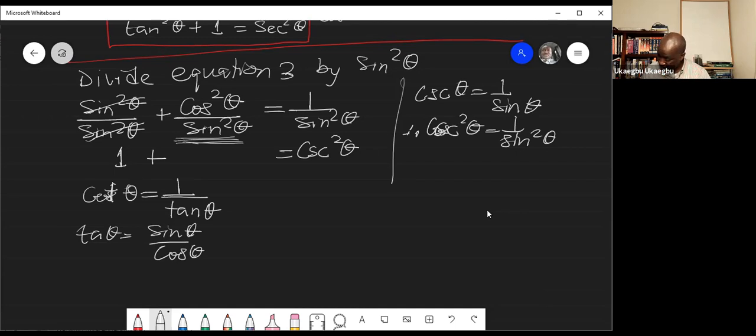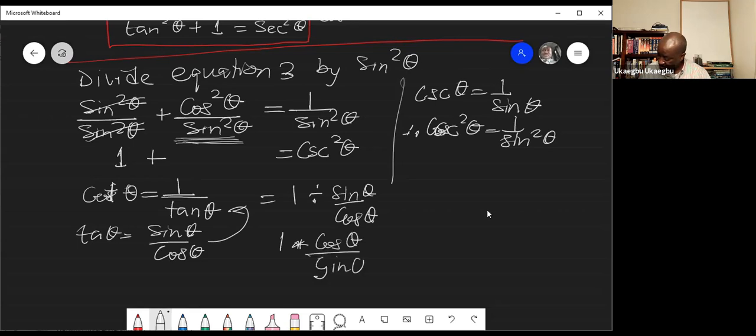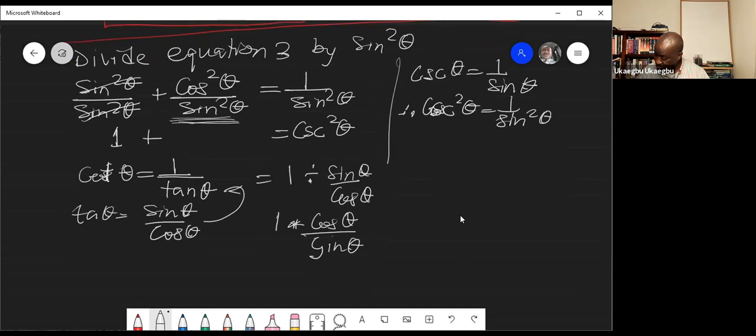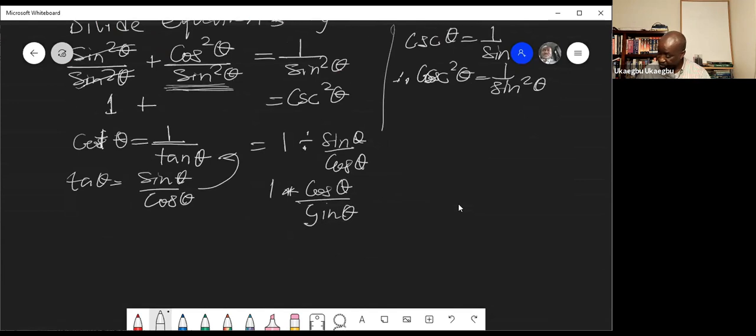So if we plug in tan theta here, we are going to get 1 divided by sine theta over cos theta. Now we use keep, change, flip. We keep 1, we put multiplication, we flip the other one, that gives us cos theta over sine theta. At the end of the day, cos theta over sine theta gives us cotangent.